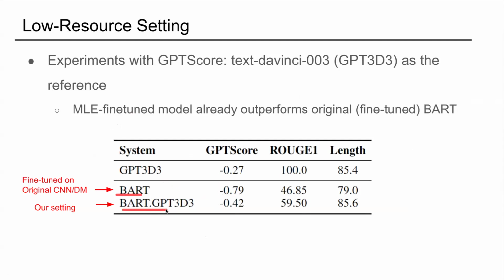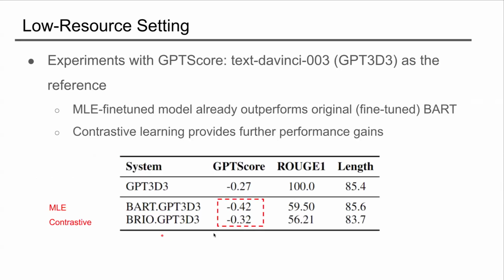However, when we do our training, just training using the LLM-generated summaries, we see a large improvement in terms of the GPT score performance. And then we also looked at the contrastive learning. So the second one is a contrastive learning objective. And here we see that the contrastive learning actually helps further improve the performance.